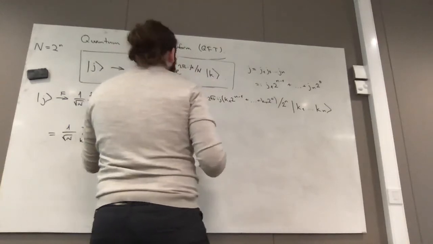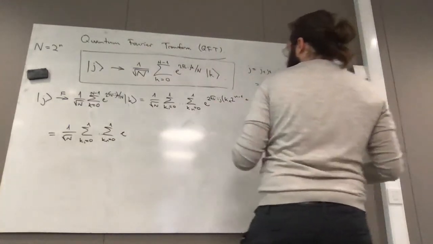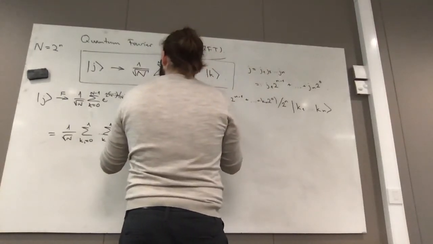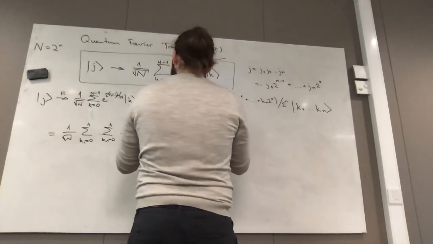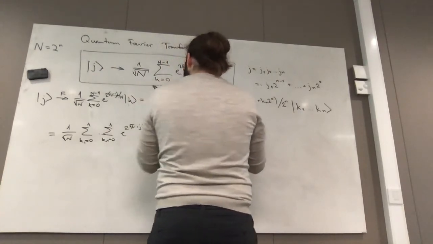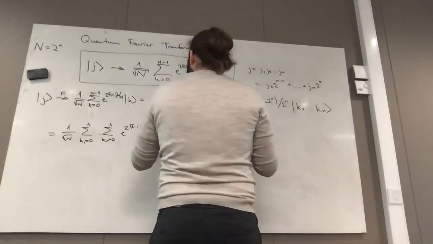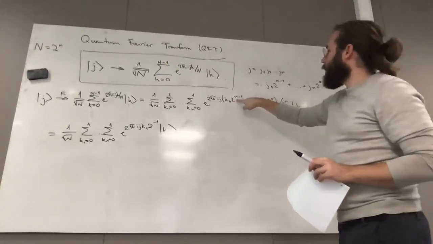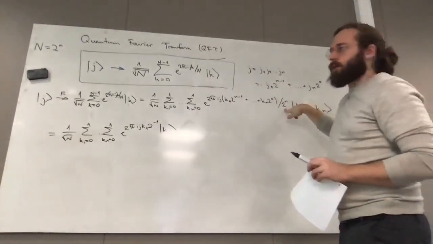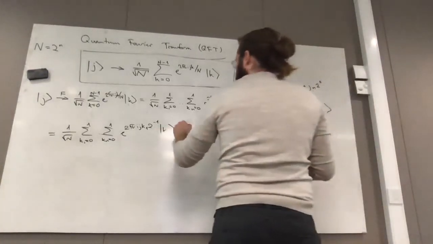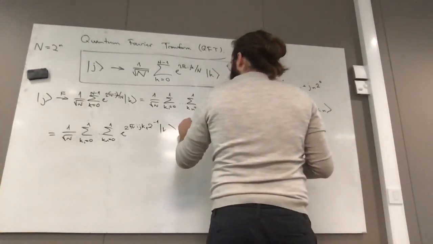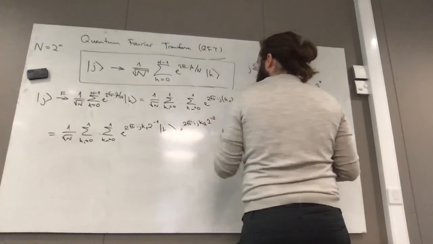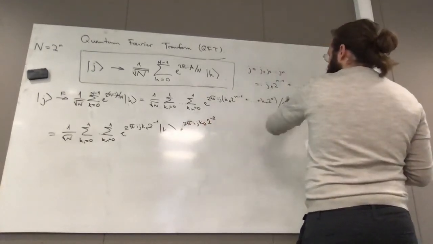And then the first part here multiplies with the first part there: e to the 2 pi i j k1 times 2 to the minus 1 k1. This 2 to the minus 1 comes from the fact that here you have 2 to the n minus 1 divided by 2 to the n. So you end up with 2 to the minus 1 here. For the second, you get 2 pi i j k2 2 to the minus 2. Similarly, you have 2 to the power n minus 2 divided by 2 to the n.